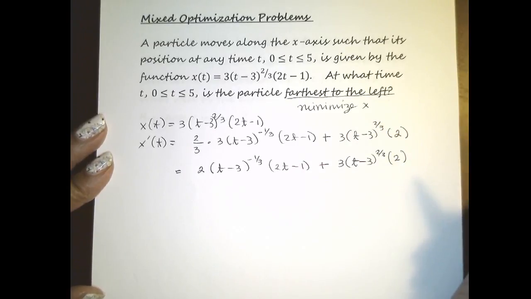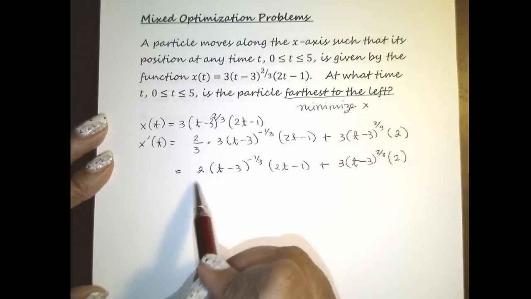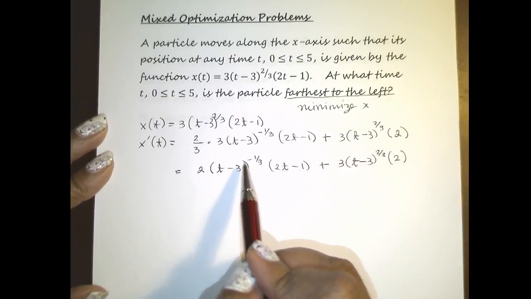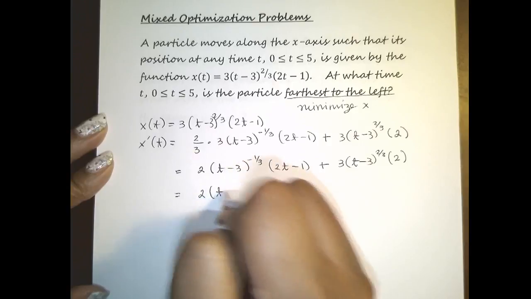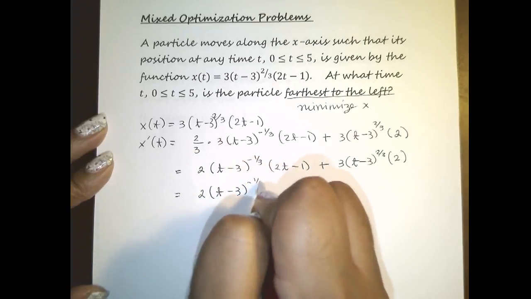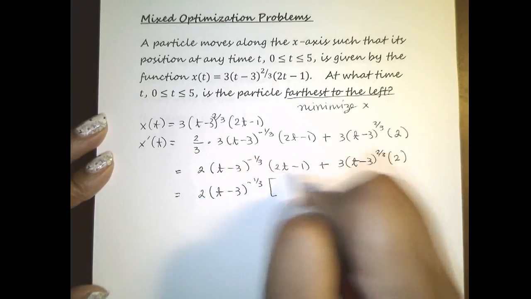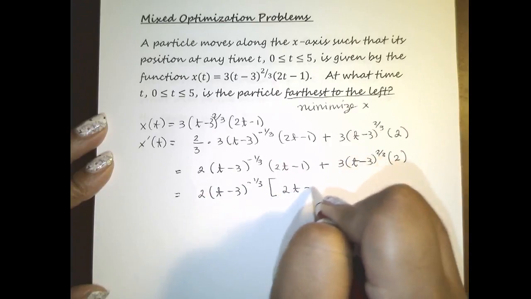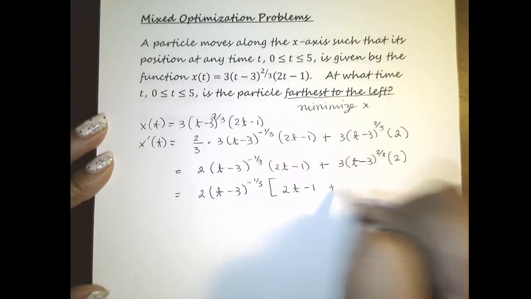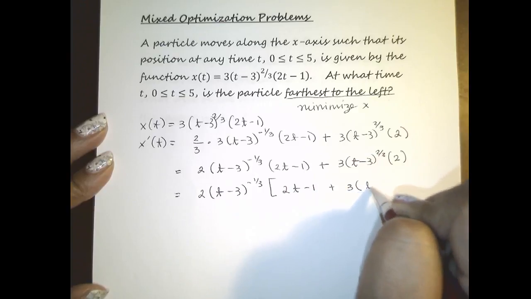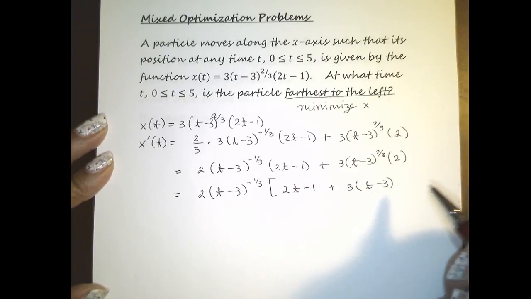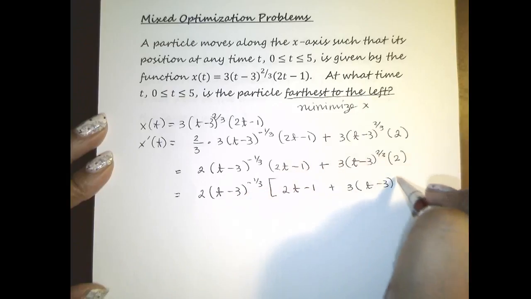So I'm going to factor out 2 times (t minus 3) to the negative 1/3 power. I'd be left in my first term with 2t minus 1, and in my second term with 3 times (t minus 3) to the first power, because I took out a negative 1/3.